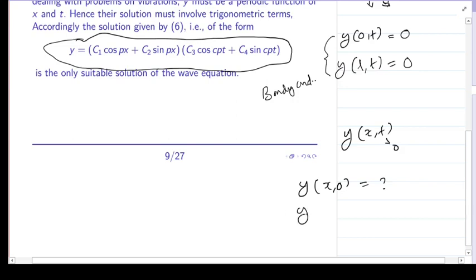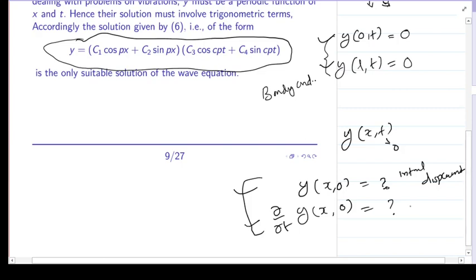Also, the rate of change of the initial position, called the initial velocity, can be an input to a particular case. So we have four inputs: two boundary conditions and two initial conditions, the initial displacement and the initial velocity.